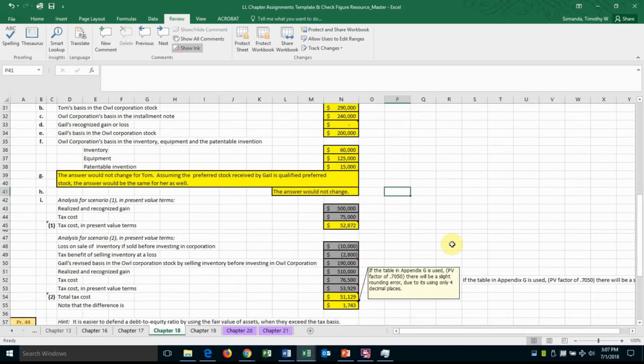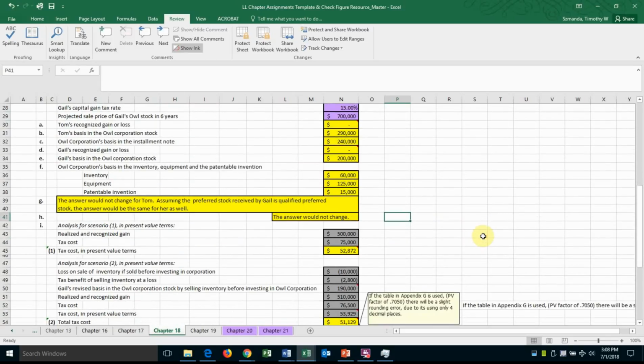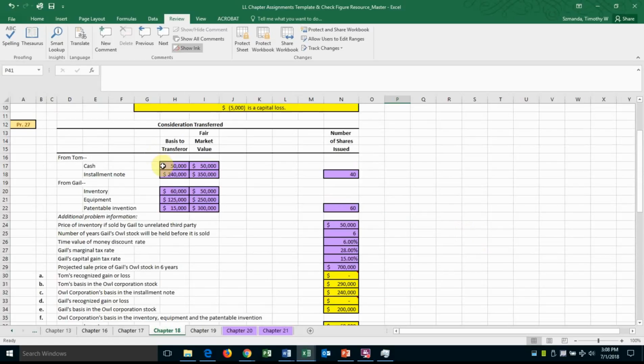For part I, Gail is considering first selling the inventory, and the objective of part I is to compare the after-tax effect of the two choices. One is her original plan, which is to contribute the property, the inventory. And remember, the inventory has a built-in loss of $10,000. Her basis is 60, and the fair market value for Gail's inventory is down to 50,000.